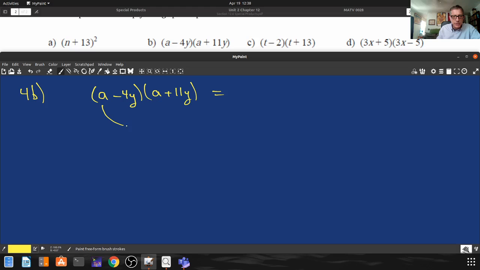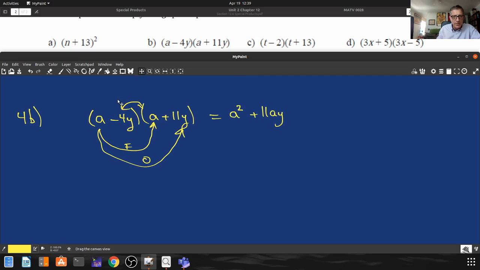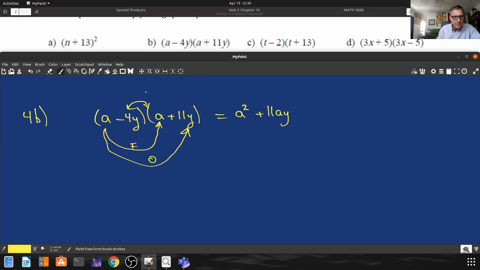Well, my first is a times a, which is a squared. My outer is a times 11y, so that's plus 11ay. My inner, let me move down here, so that's my inner. Minus 4y times a is minus 4, and I'm putting the a first.